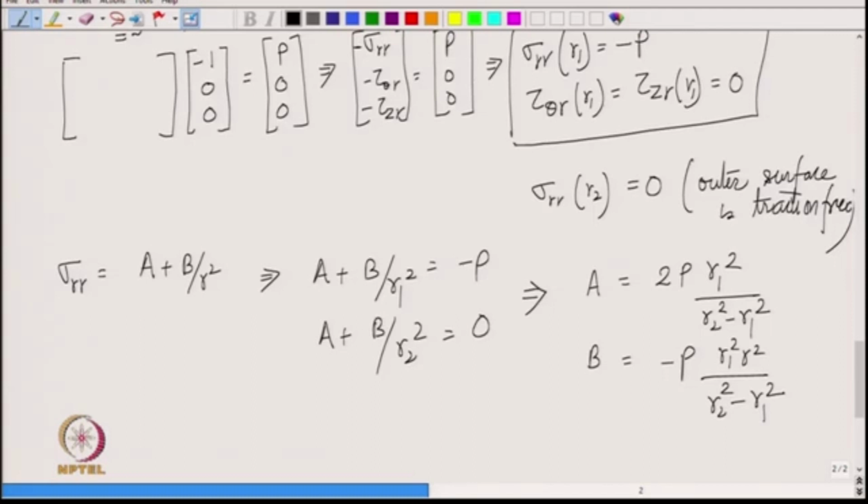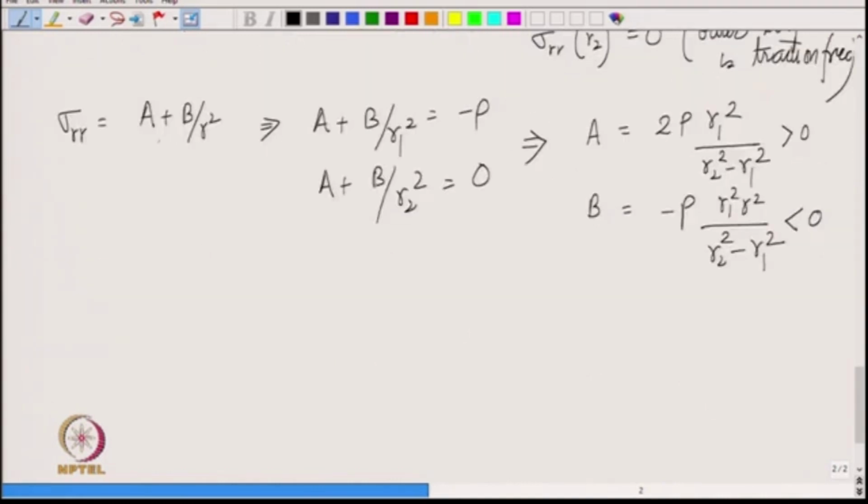So, for a positive pressure applied internally, this is greater than 0 and this is less than 0. Sorry, this is A by 2, isn't it? So, when you solve it, you get A equal to this and B equal to this.